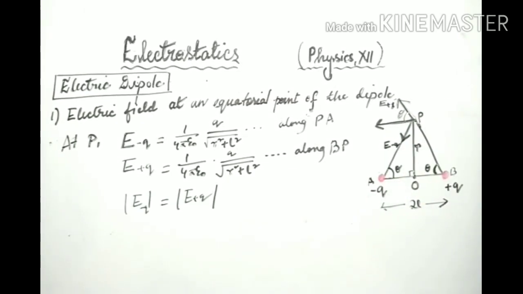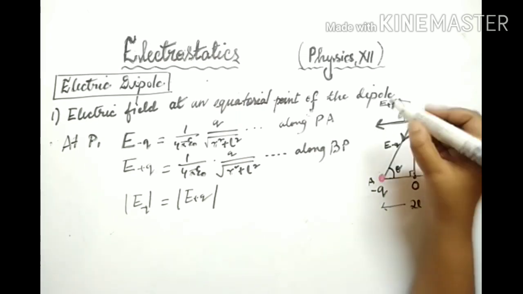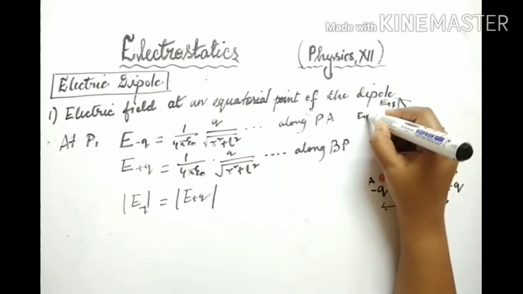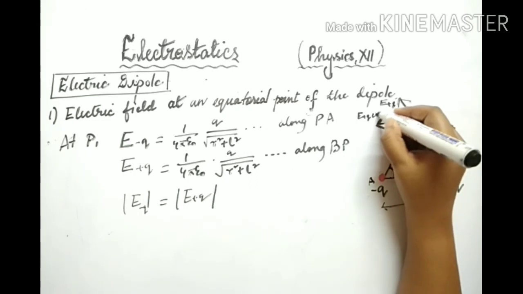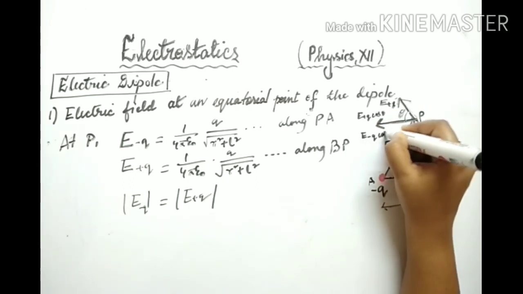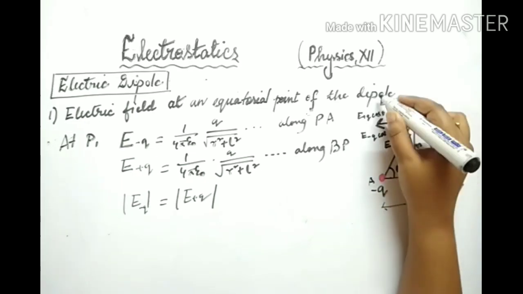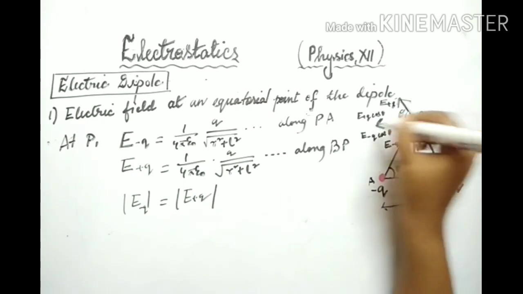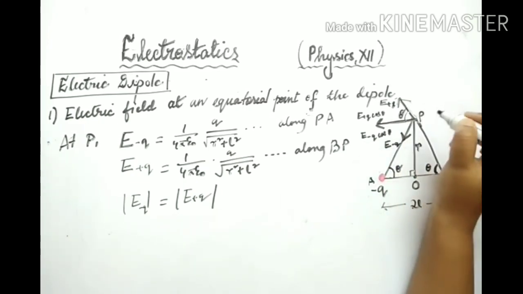Now if that angle is theta, what will be the electric field along this line? The electric field due to this component will be E plus Q cos theta, and due to the other component will be E minus Q cos theta, because if the perpendicular is E plus Q sin theta, then the base is E plus Q cos theta.